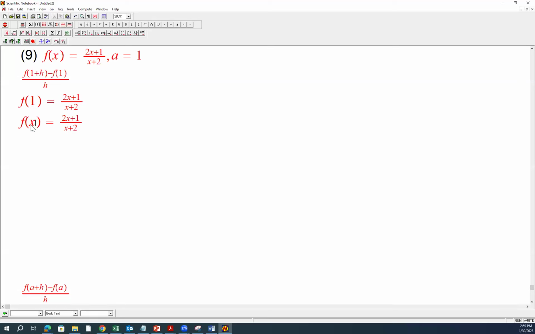So when x equals 1, x will be replaced by 1. What do we get? 2 times 1 is 2. 2 plus 1 is 3. The numerator is 3, the denominator is 3, so we got 1. And then 1 plus h: every x is replaced by 1 plus h.